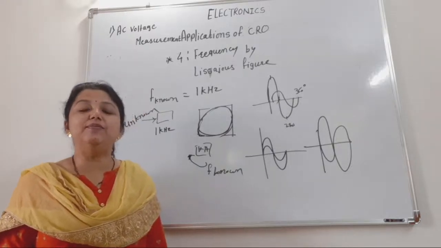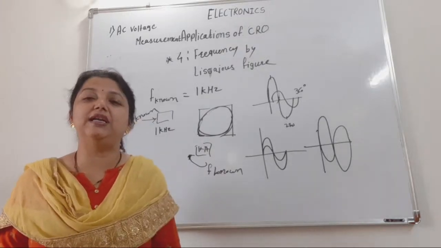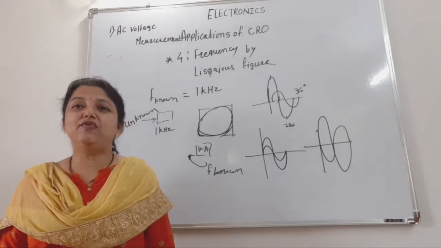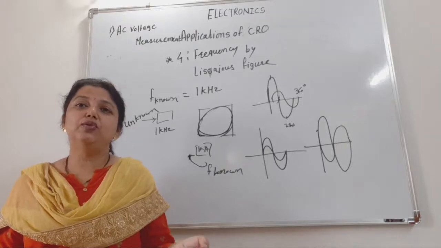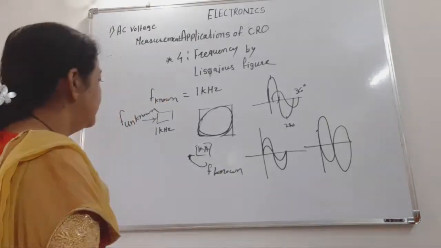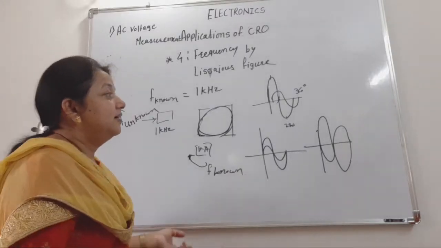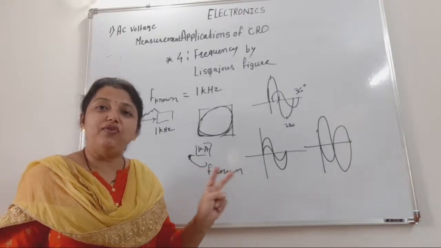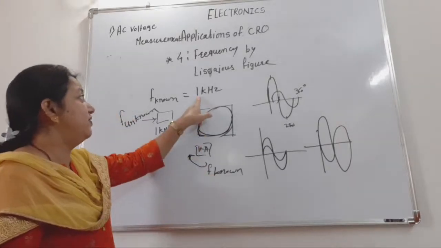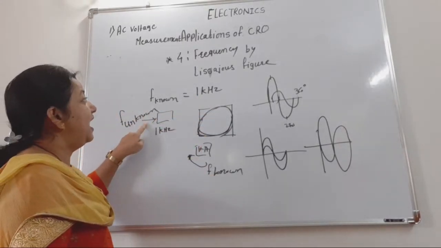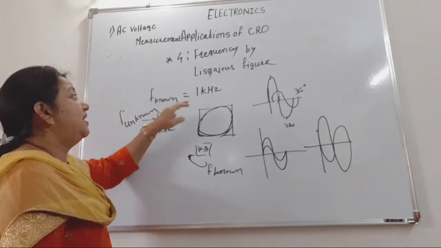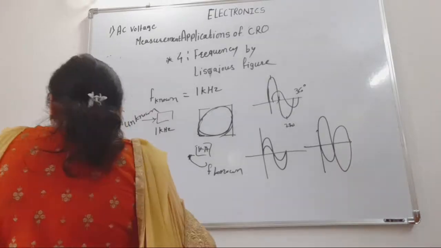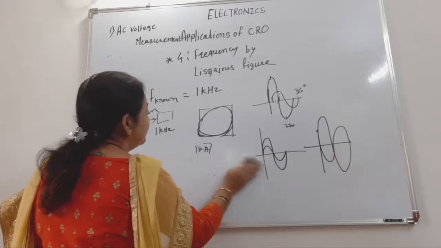So when you see an ellipse on the screen of the CRO, the frequency of both the signals is the same, but there is a phase difference between the two waves. Okay. Now, other than that, you may see different frequencies, meaning the known frequency signal is 1 kilohertz and our unknown signal has a frequency different than 1 kilohertz. At that time we see figures on the screen of the CRO. Those figures are known as Lissajous figures.